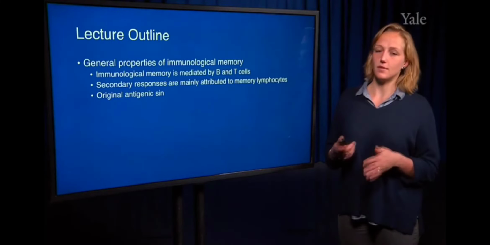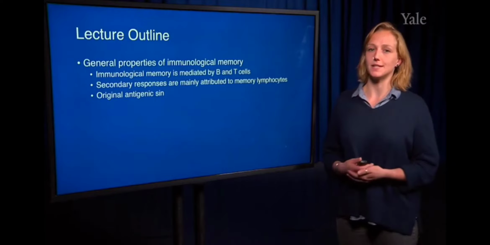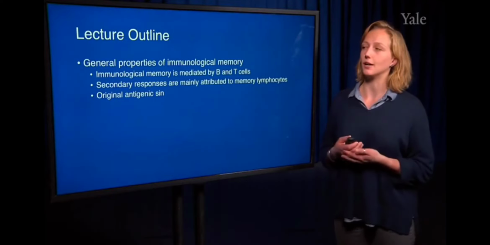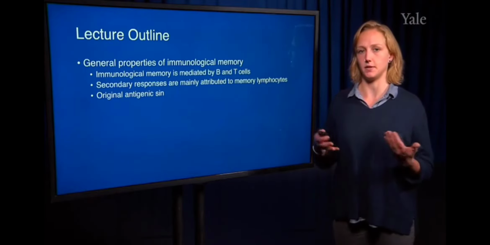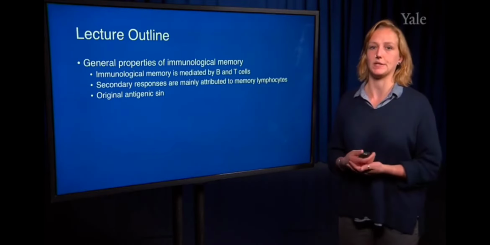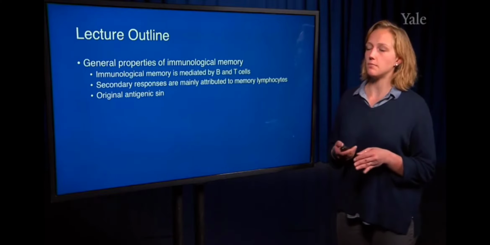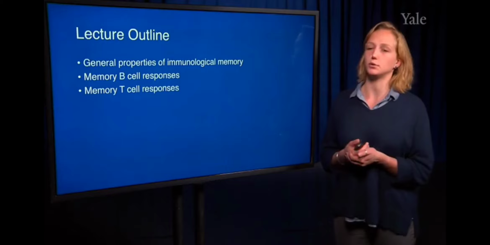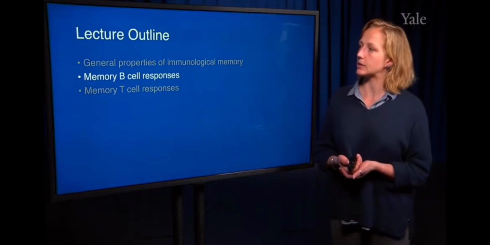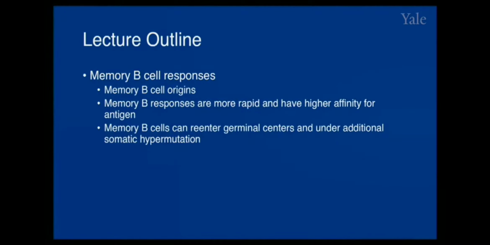And now that we've gone through some very general properties and some really cool facts about memory responses in general, and how we can use memory responses to cure some diseases such as the hemolytic disease of the newborn, let's jump into more specific properties of memory B cell responses. Now we're going to go through the origins of memory B cells.